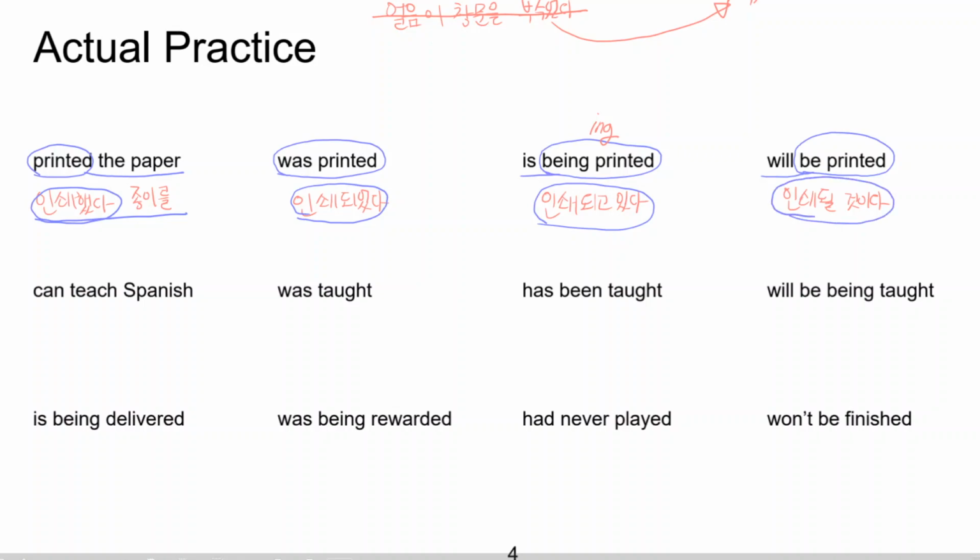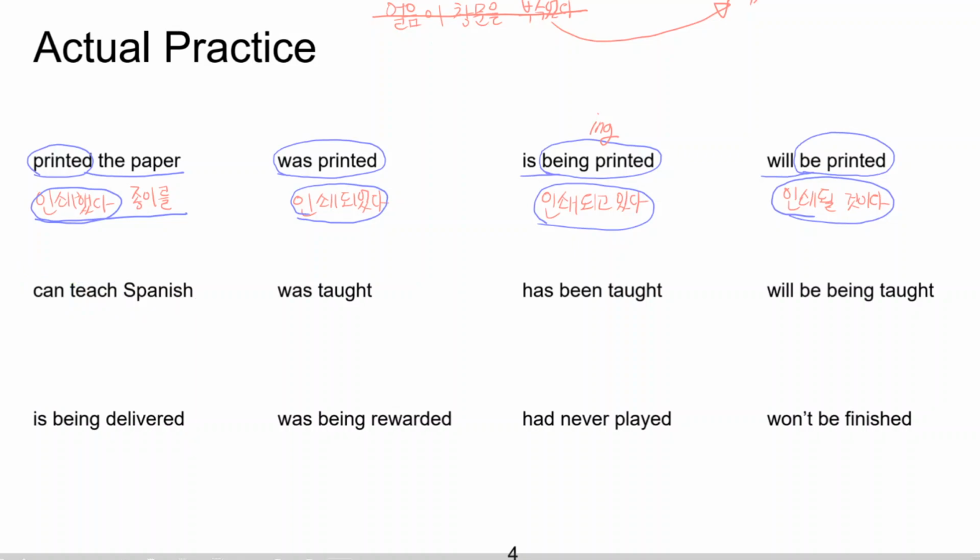Let's move on to the next one. We have can teach Spanish. We have a verb teach. Do you connect this with Spanish? Yes. Do you connect this with can? Yes. Okay, because can is a functional verb and teach is the meaning verb and Spanish is the complement, right? What does it mean? 스페인어를 가르칠 수 있다, right?